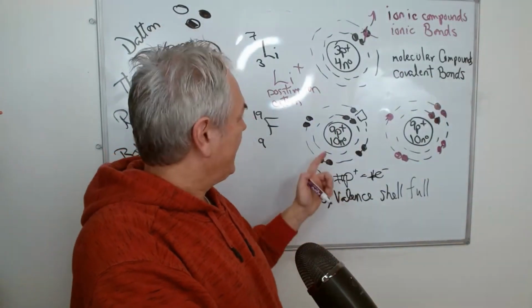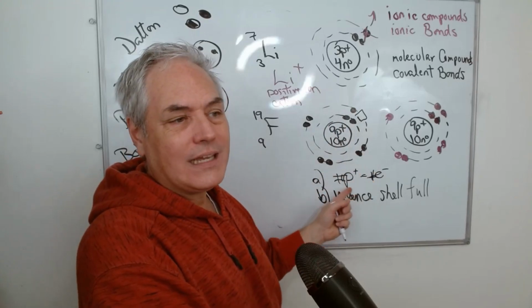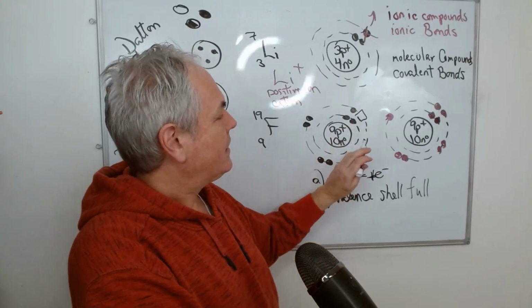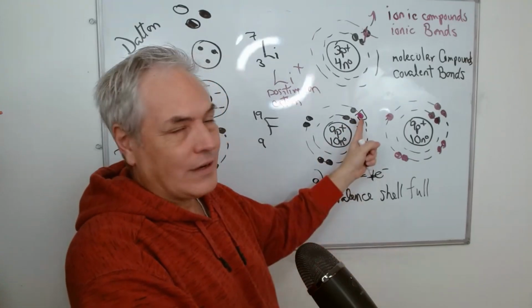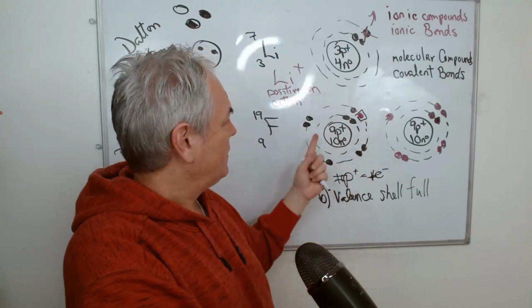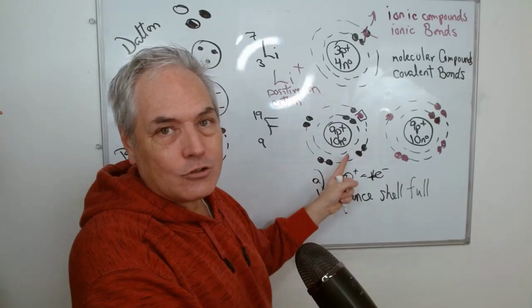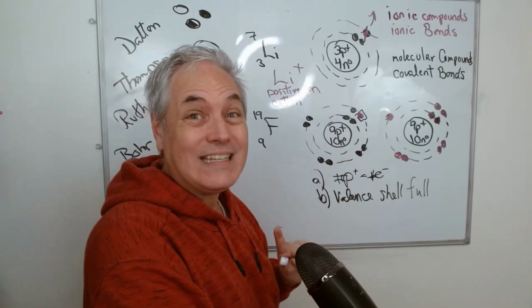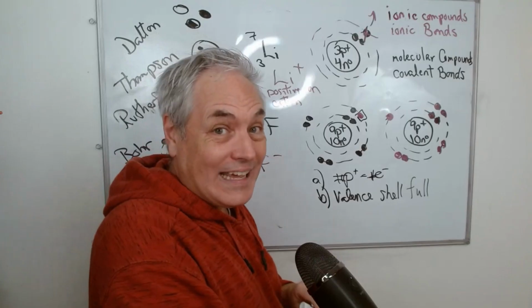For fluorine, what do we have? We have here the same number of protons and electrons. However, in order to have a full valence shell, it will look for an extra electron right here. When it has an outer shell full, it's happy. However, there is one more electron, 10 electrons compared to 9 protons. That means it has a charge, and it has a negative charge.